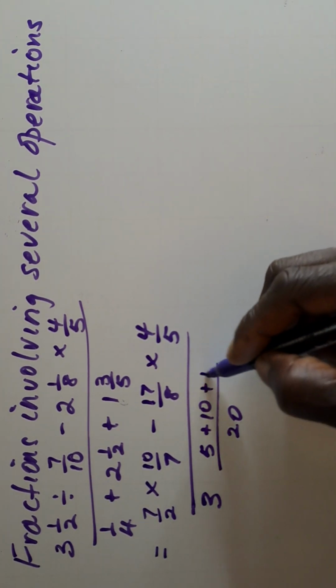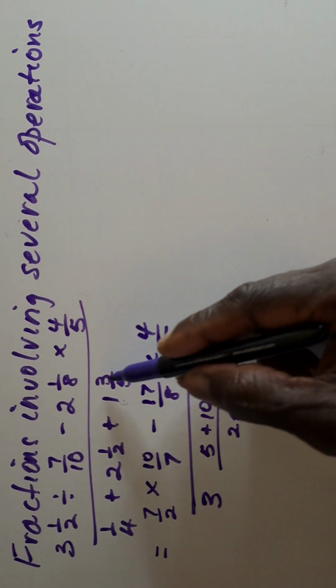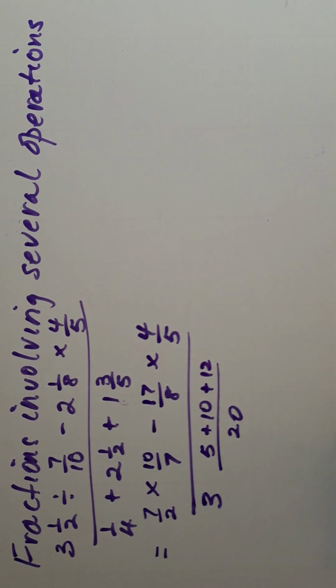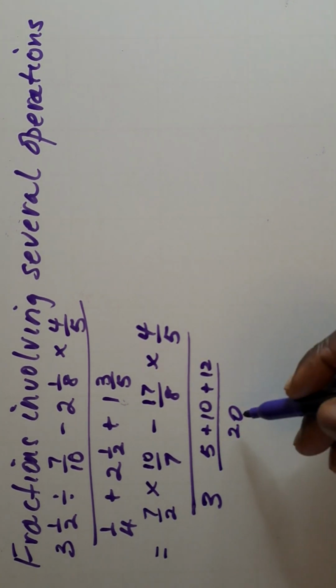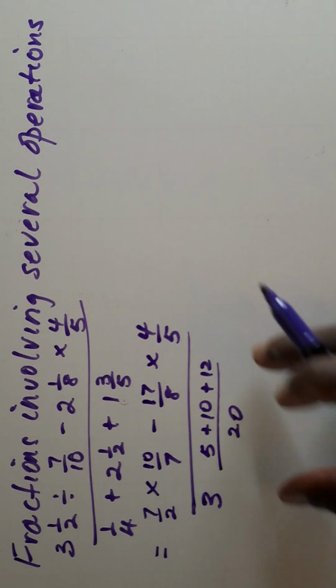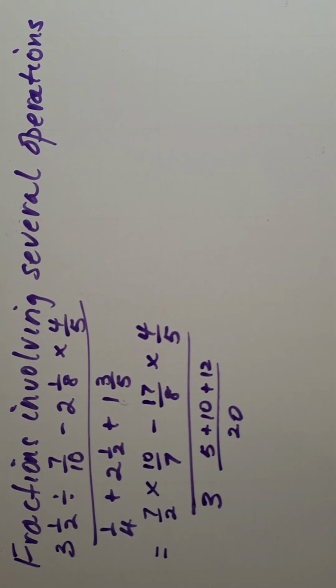And 12/20 is the same as 3/5. It's just equivalent fractions. And rather than writing them out separately and then putting it together, we'll just use the same denominator to write it as a single fraction.